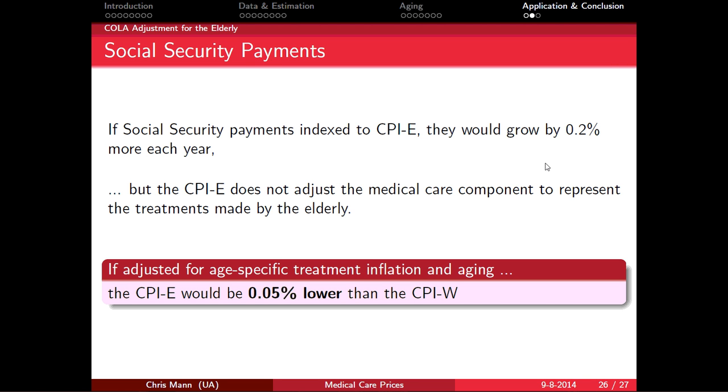If I actually look at the out-of-pocket expenses, there would be an even greater difference between the inflation rate that elderly individuals face and the rest of normal workers in the economy.